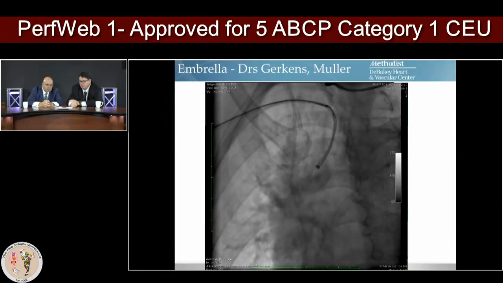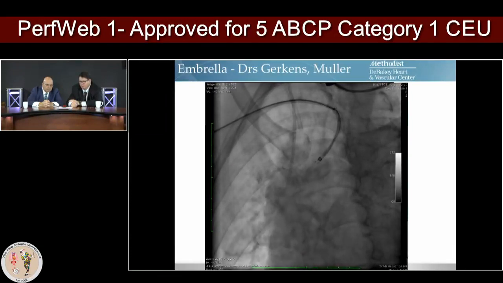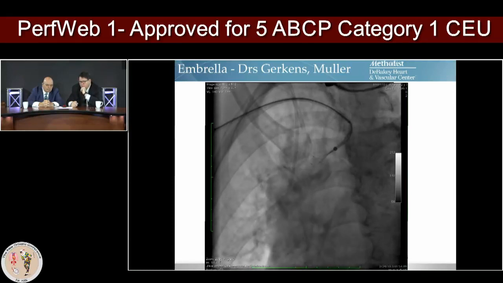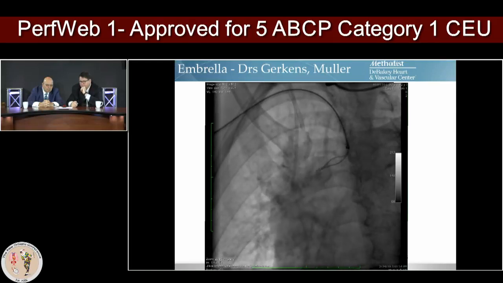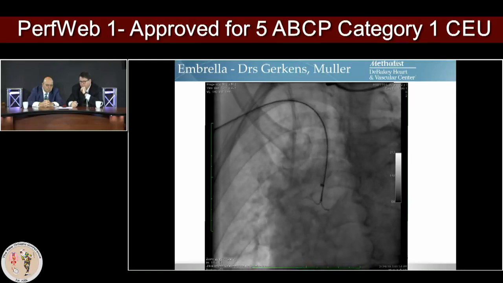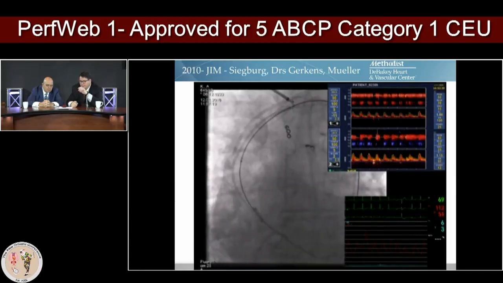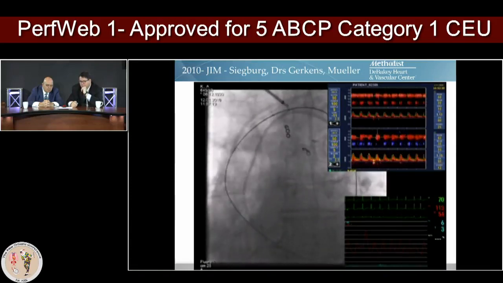And this is the umbrella deployment from the right arm. So when you deploy the umbrella, and this was the first case done in Germany with TCD monitoring, you're able to protect the brain with that filter. This is what we expected to see. And now we are deploying the valve. Pull back the balloon, with umbrella protection.